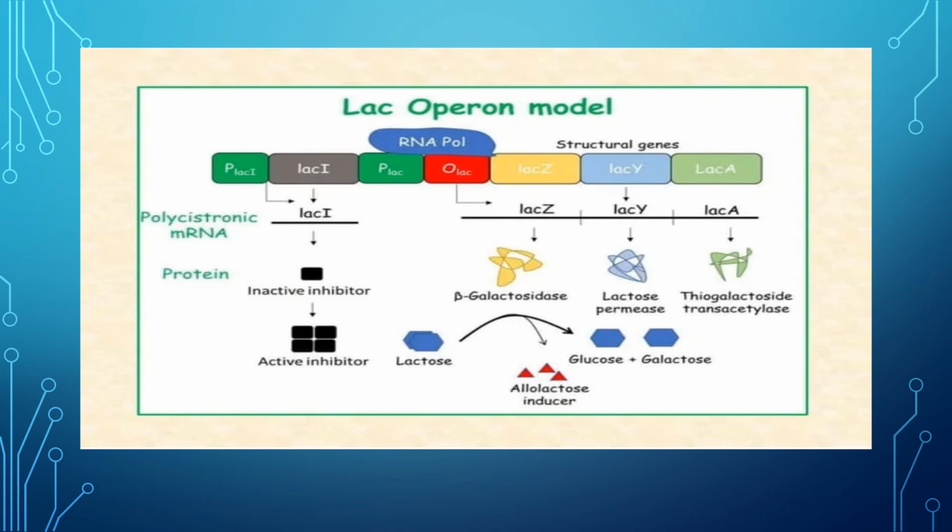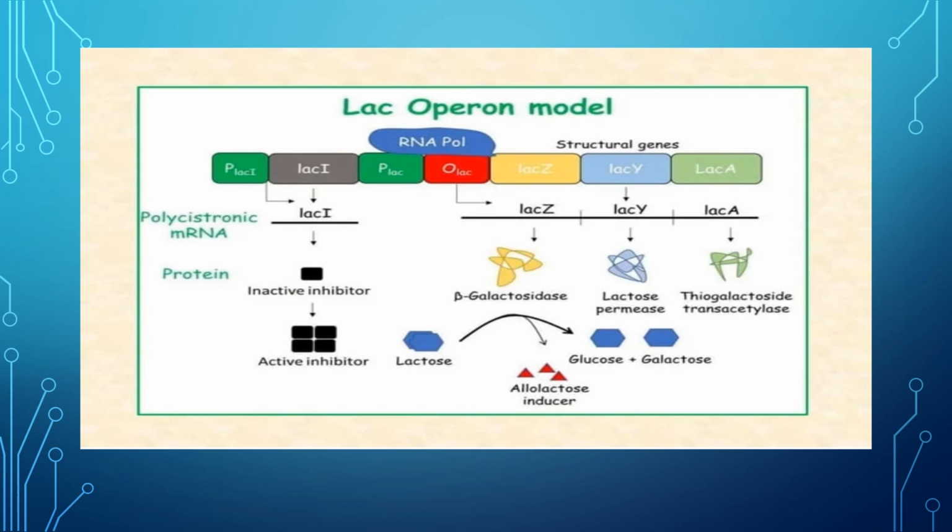These few lactose molecules are converted into an active form which acts as an inducer and binds to the repressor, a product of the regulator gene. The repressor-inducer complex fails to join with the operator gene, which is turned on.